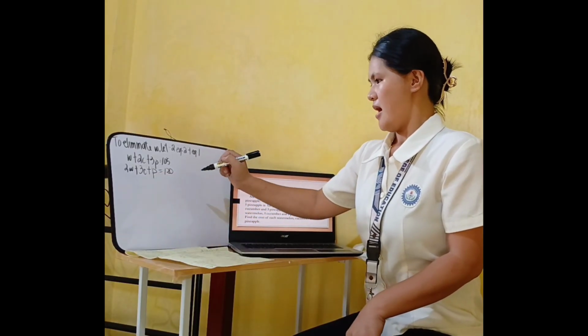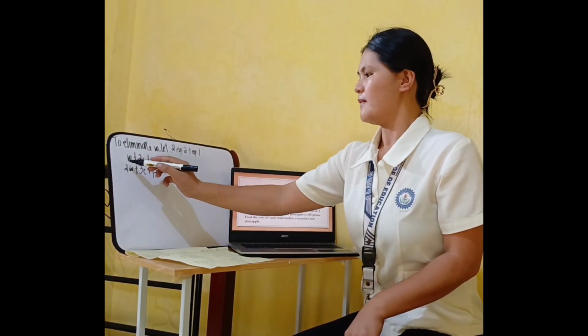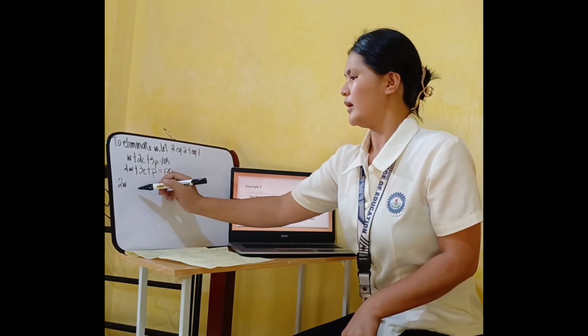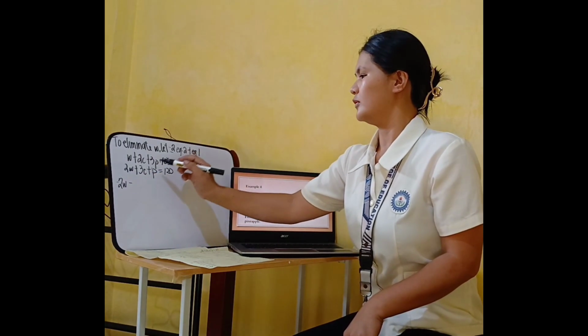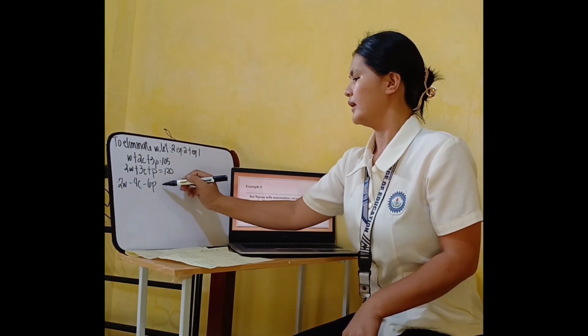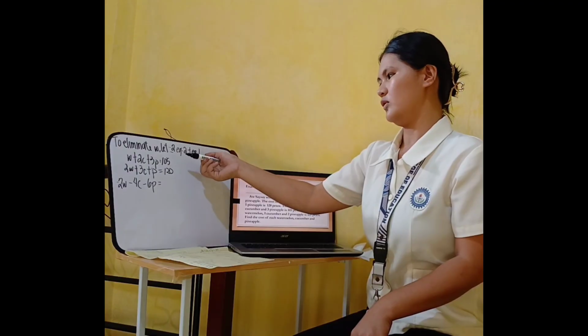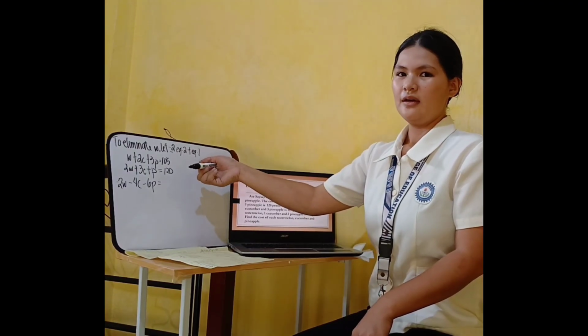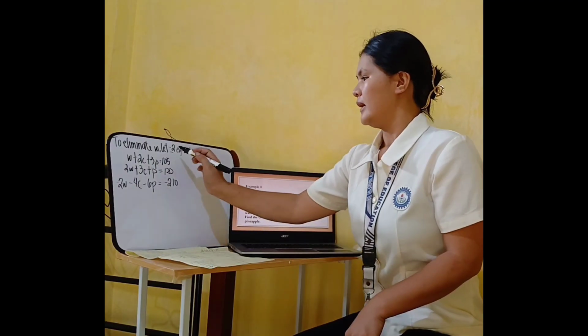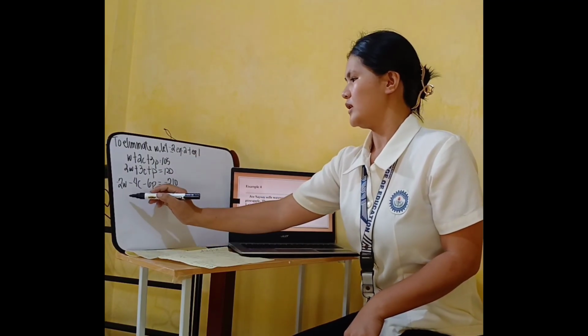So negative 2 multiplied by W, negative 2W minus negative 2 times 2, 4C minus 6P is equal to negative 2 times 105, that would be negative 210, and copy the equation 1.